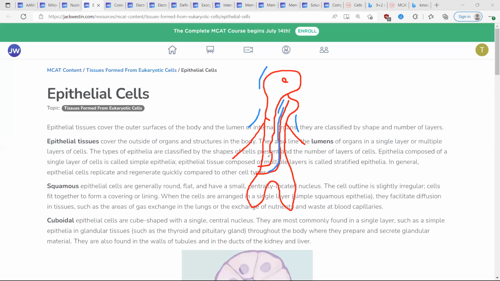And that's different from the in-between, which would be like right here, because this is not being exposed to the environment directly. So overall, the point is that we have epithelial tissue at these barrier areas that are interacting directly with the environment.